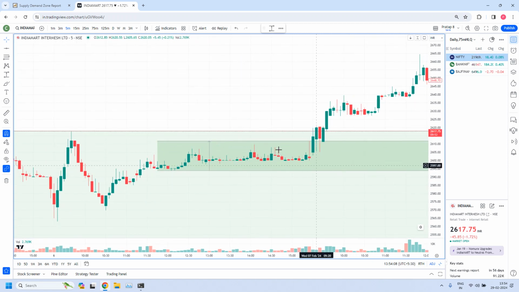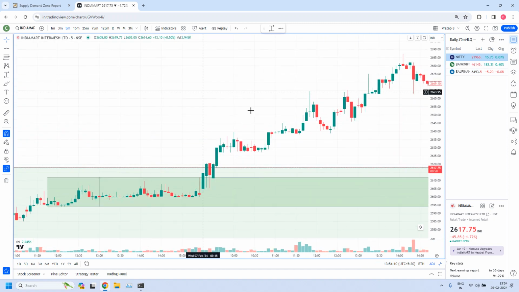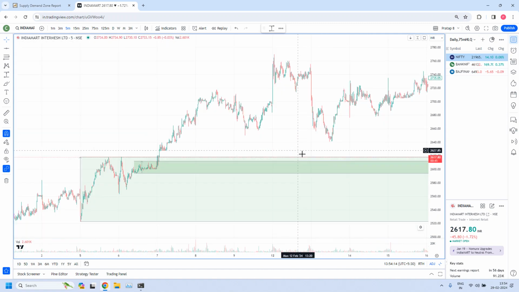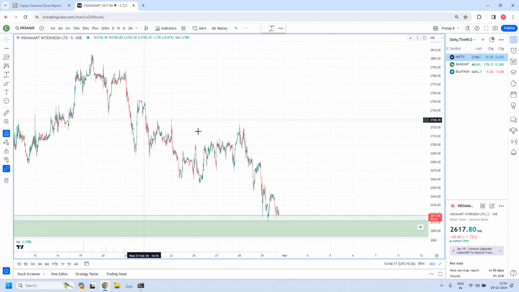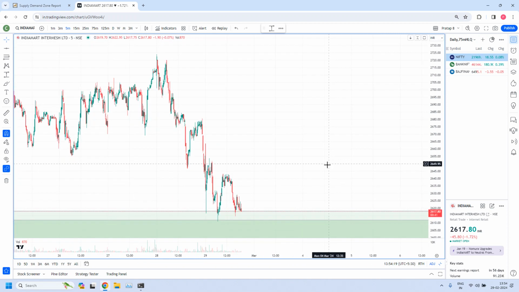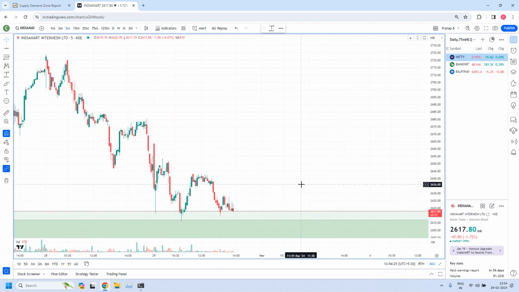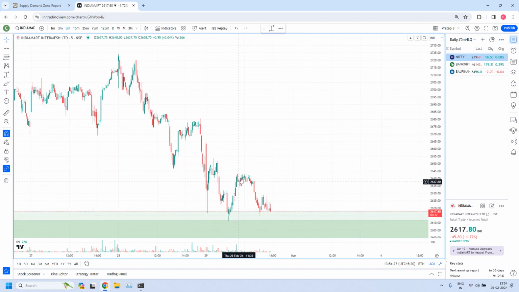So that means at 5 minutes and 15 minutes, the zone structure is not at all good. But if you notice, today the price already entered into this zone here. See here. And there is a big push given from here. I told you, rarely you can see such kind of things.